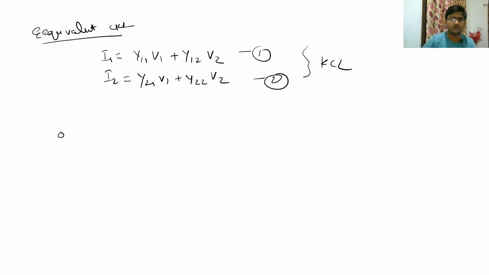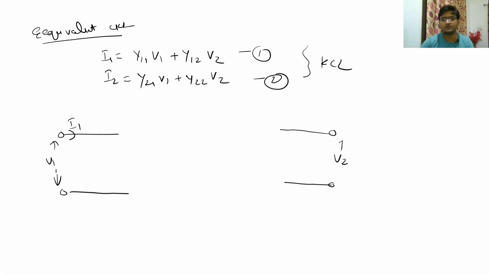As the convention, first we will draw these two ports, input port and output port, and definitely this is your voltage V1 and the current entering is I1, and this is your voltage V2 and current entering is I2. Now if you see the first equation, we have Y11 into V1 plus Y12 into V2.